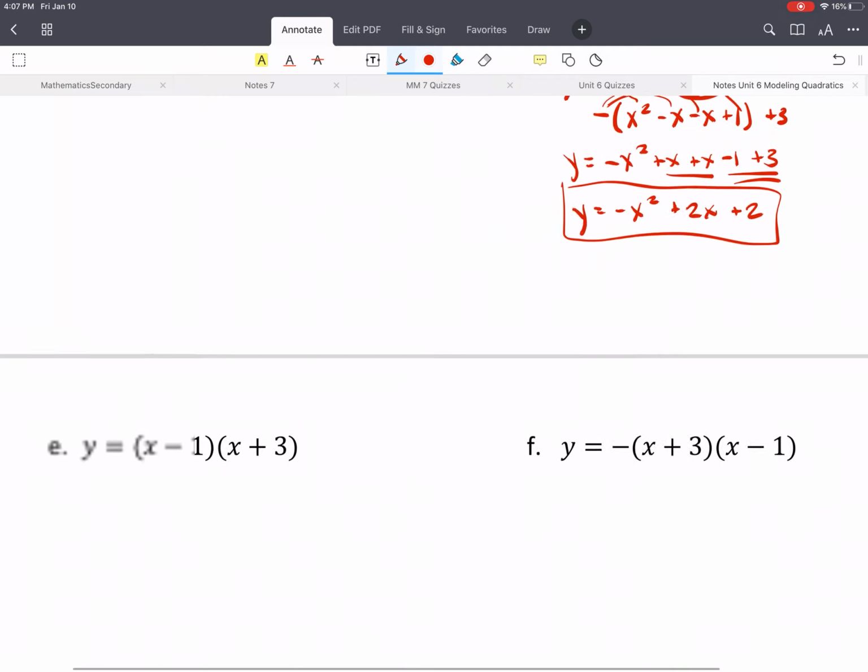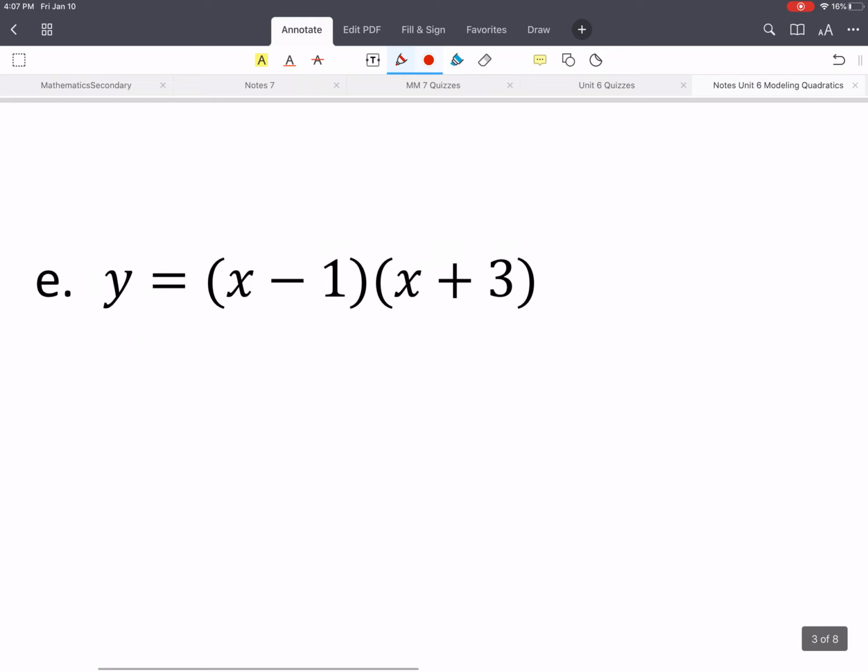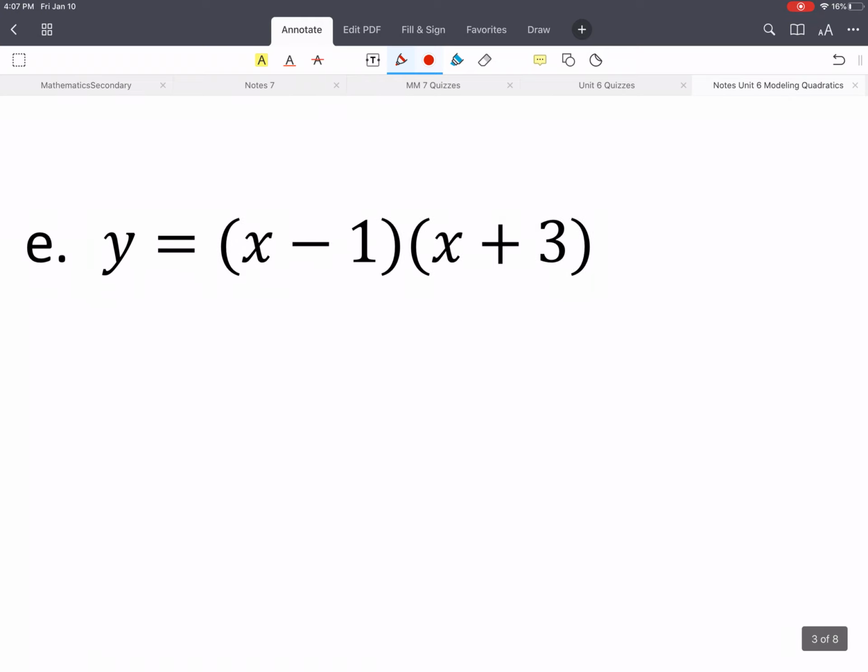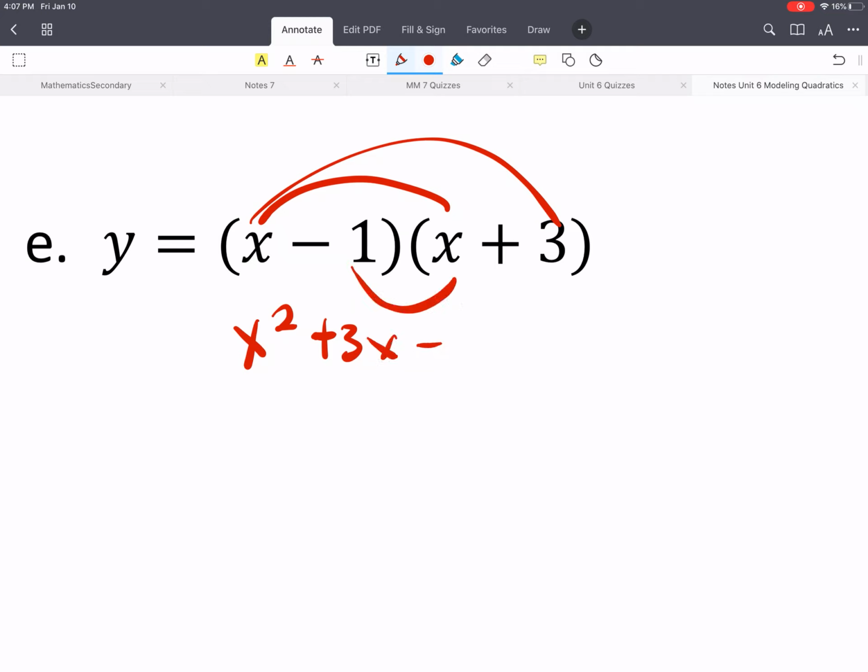And then I don't think we did one of these going from intercept form to standard, but this is even easier. It's already written as 2 parentheses, and we're just going to distribute. So x squared plus 3x minus x and minus 3.